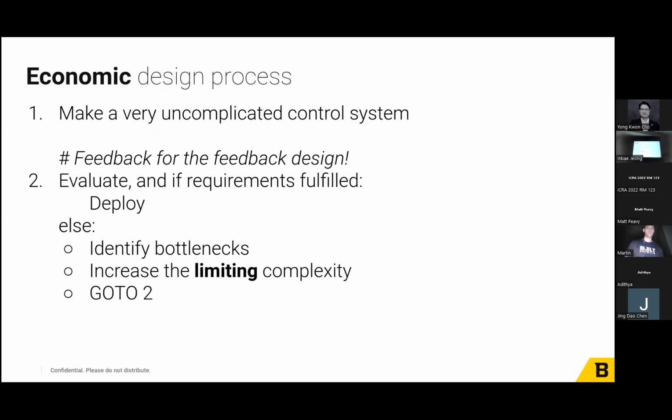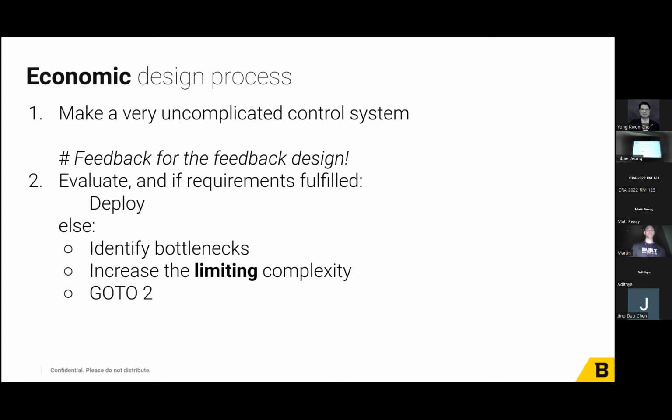Here is what we tend to do at Built Robotics instead, which I call an economic design process. So we start with a very uncomplicated control system. And this is likely not going to work at the first attempt, but it initializes this loop that I called feedback for the feedback design. So we start by evaluating that, and we might be lucky. It might work the first time, and if all the requirements are fulfilled, we should deploy it.